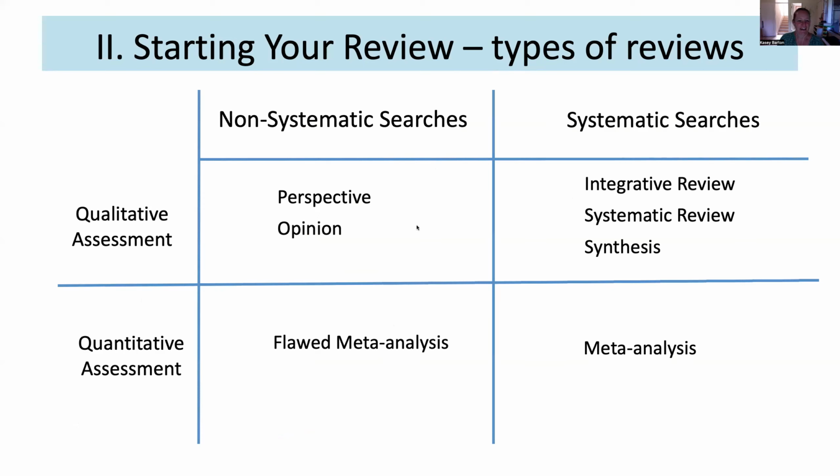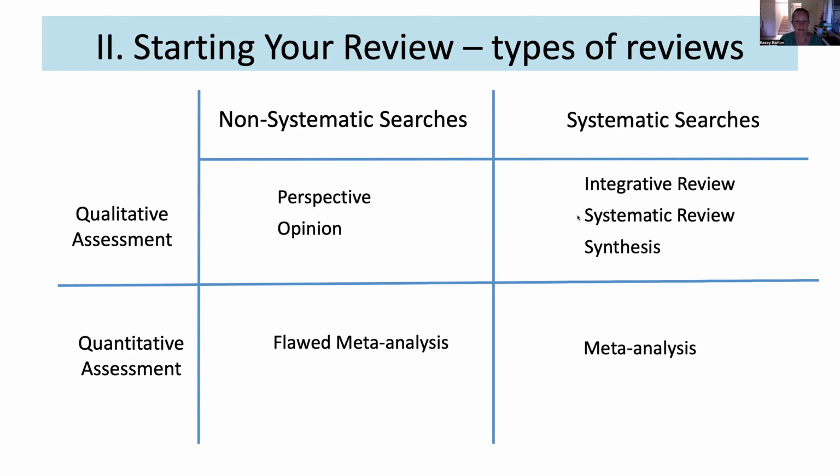Okay. So a qualitative non-systematic review would be like a perspective or an opinion. A qualitative assessment of a systematic review is when we compile the literature systematically, but then we do a narrative review, an integrative review, a systematic review, a synthesis.